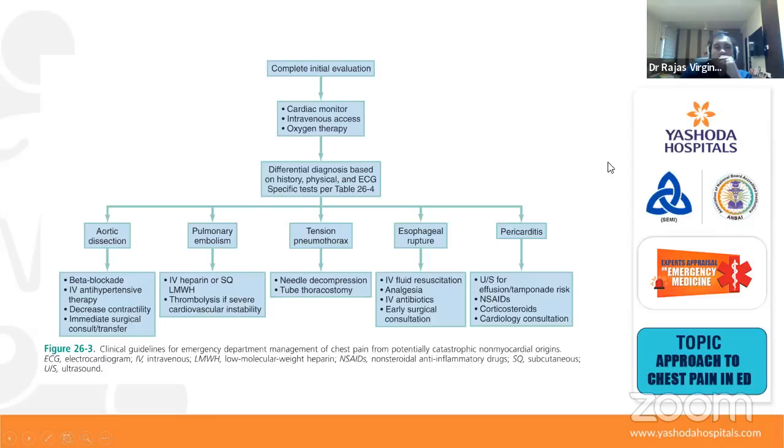The differential diagnosis again is based on your history, your physical examination, and any specific tests that you might be performing based on what you expect to find, whether it's aortic dissection, pulmonary embolism, tension pneumothorax, esophageal rupture, or pericarditis, and providing the necessary treatment.